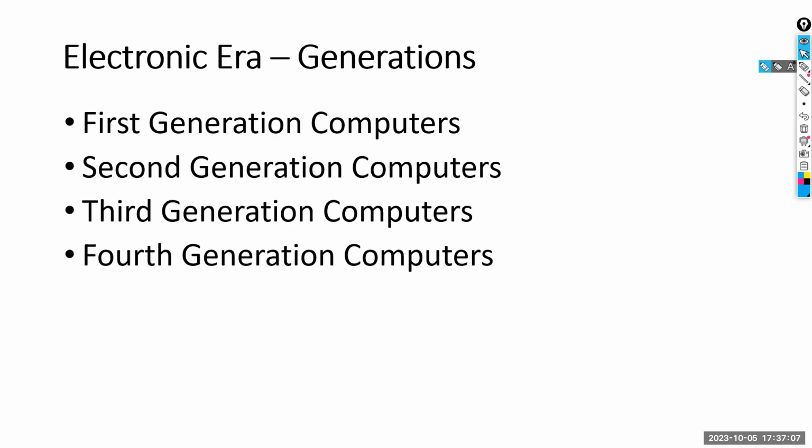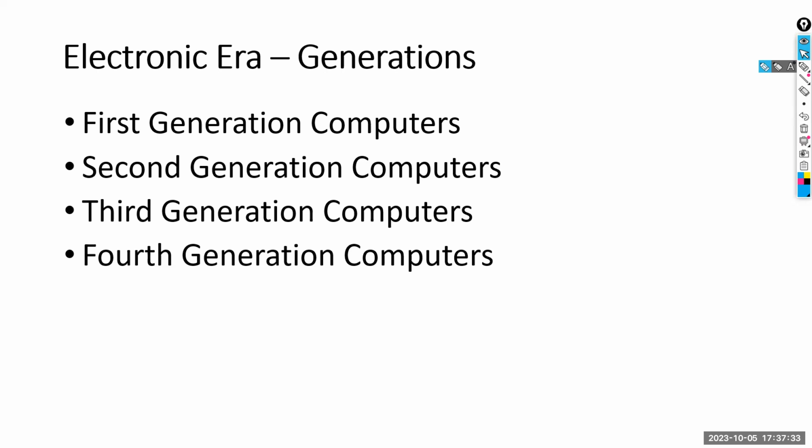Right. So to better understand the electronic computers, we can separate them into generations. So we call them the first generation computers, second generation computers, third generation computers, and fourth generation computers. So don't confuse this with the processor generations.